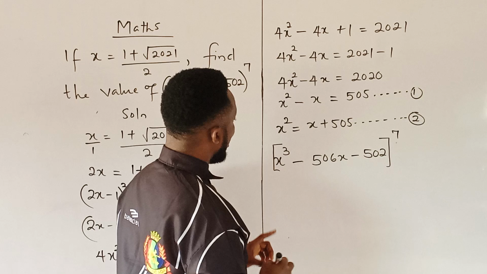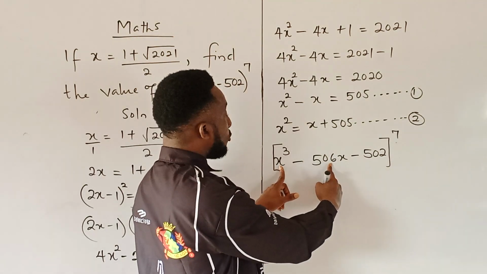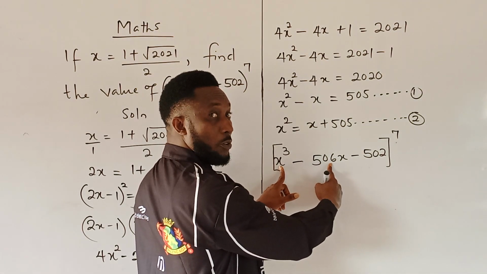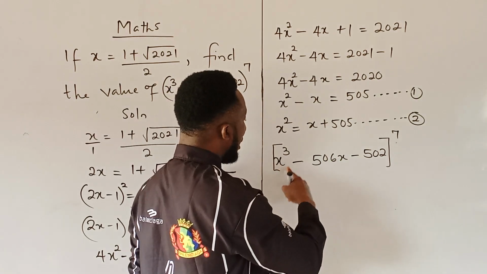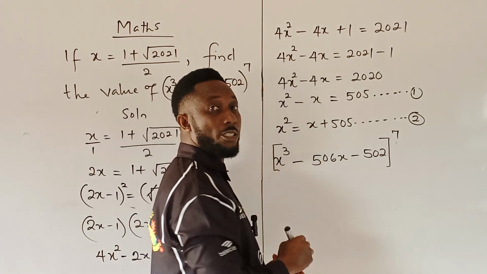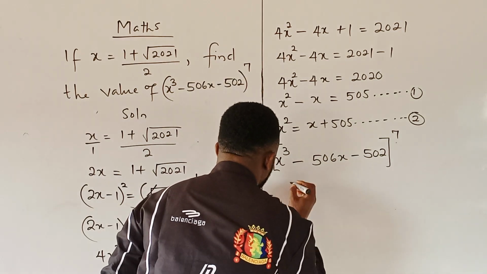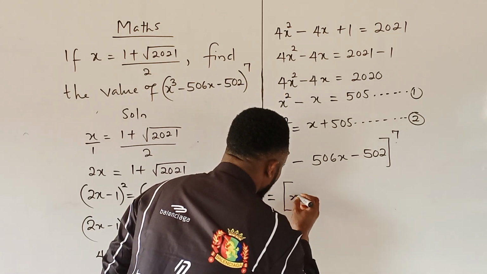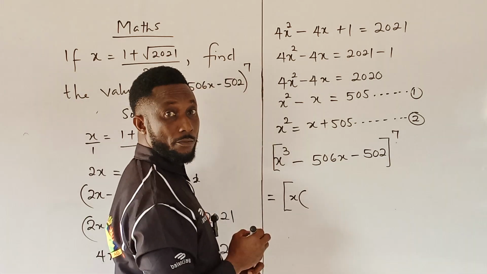The next thing I will do again is to factorize x out from these two guys. And the highest common factor between s cubed and 506x is x. So I'm going to open another bracket. I will take x out, or factor out x, open a parenthesis.